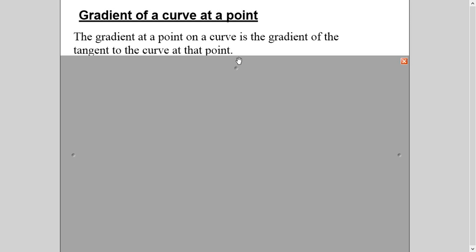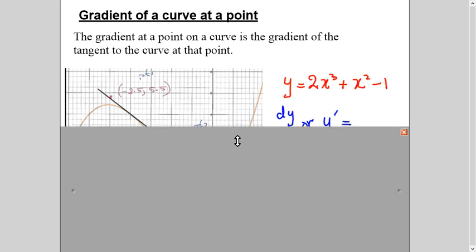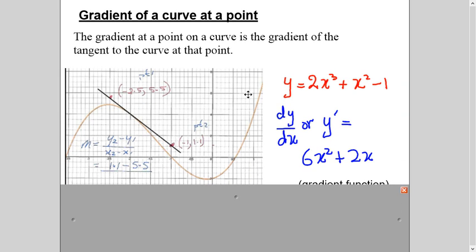You used to draw a graph, and to find the tangent, for example at this point, say minus 2.5, you used to draw a tangent line there. Then you took 2 points on the tangent and applied the gradient formula to find the gradient of the tangent. The gradient of the tangent is actually the gradient of the curve at this point.